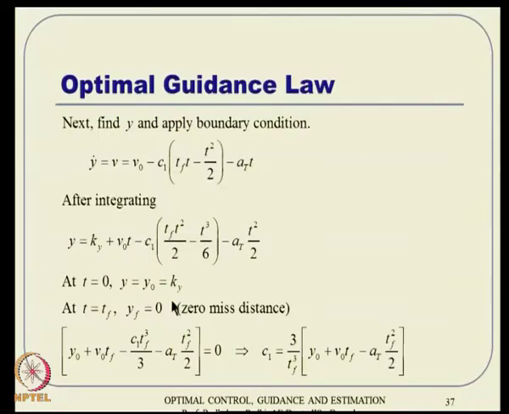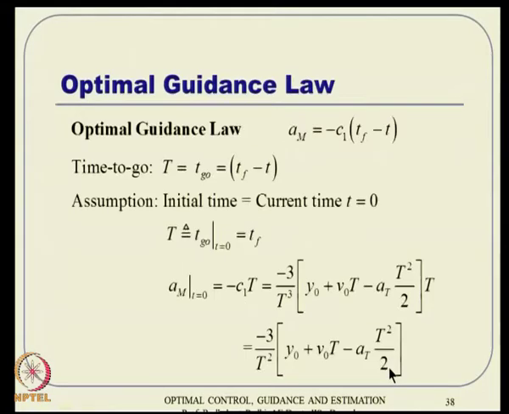Again, apply similar boundary conditions, and you will end up with this kind of expression, where C1 turns out to be an expression fairly similar to what we had, one component, and then there is an additional component. Okay. So, the optimal guidance law accordingly will turn out to be like this. We go back and put everything there, and AM at T0, where T0 means current time, turns out to be in this expression form.